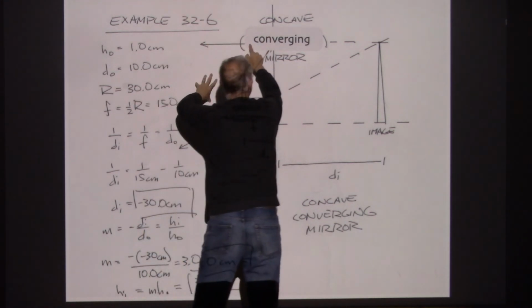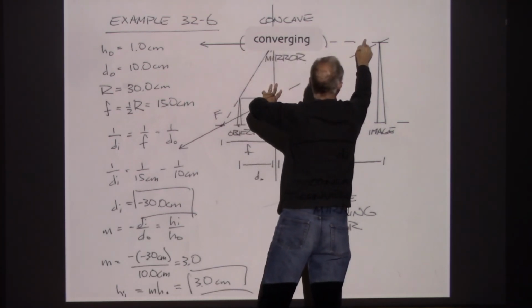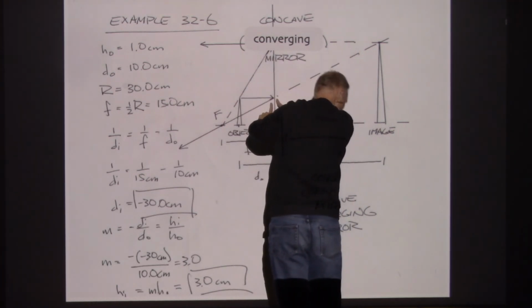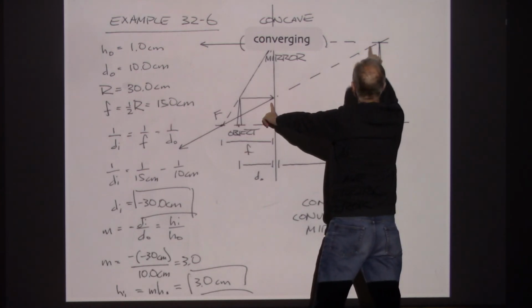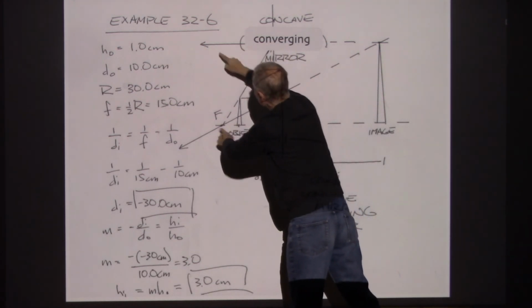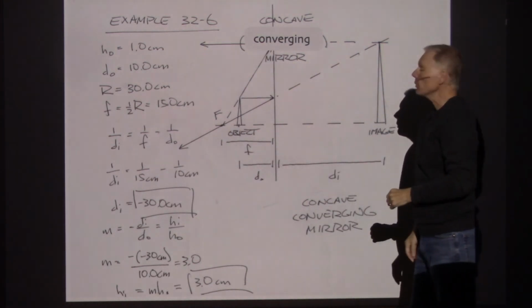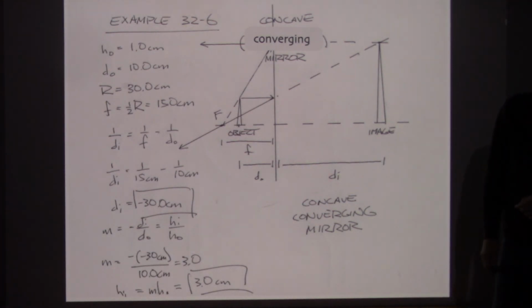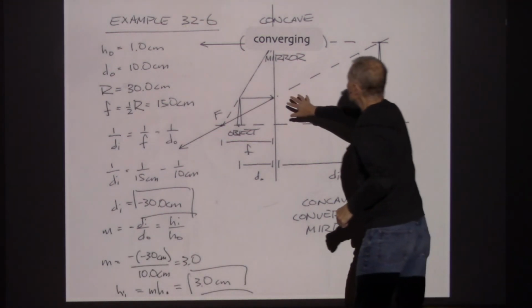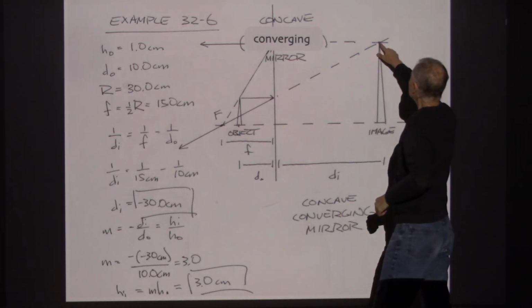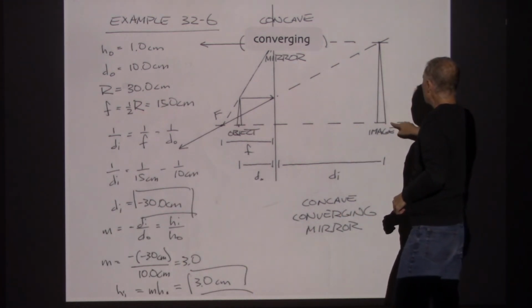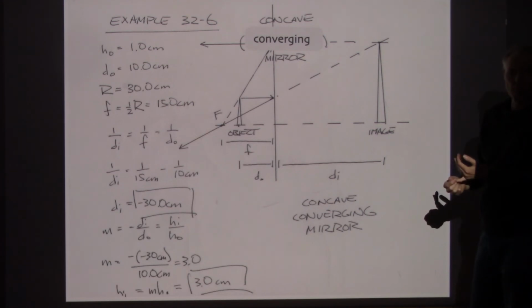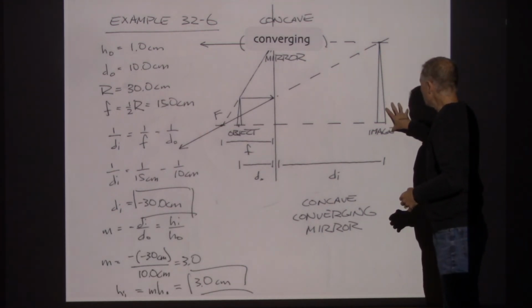Now this lines right up with this dashed line, and this path lines up with this dashed line. The light coming away from the mirror is not coming together. It's not going to form a real image. So what I have to do is trace it back to where it appears to have come from, and that's going to give me a virtual image. So this will be the location of the virtual image.